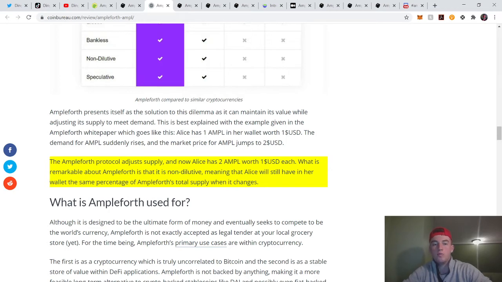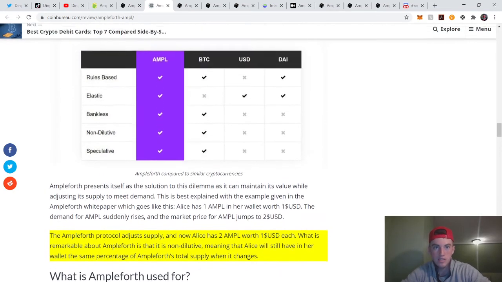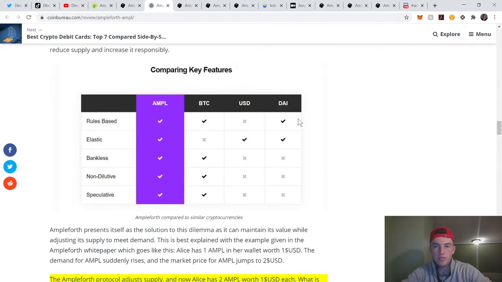So at this point, I hope you understand what it does. And you can just look at the different qualities of the currency right here: rules-based, elastic, bankless, non-dilutive, speculative. So it's better than Bitcoin, but Bitcoin, I mean, it is elastic too, but it's just with market cap instead of price.